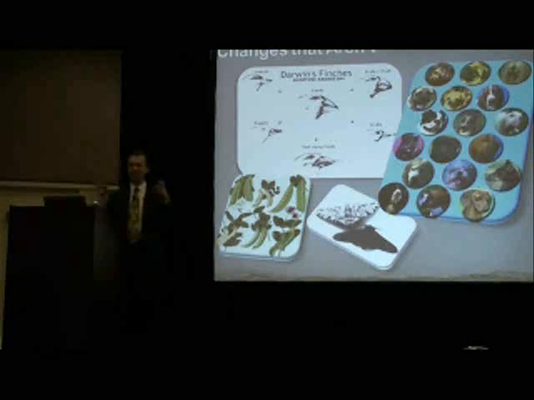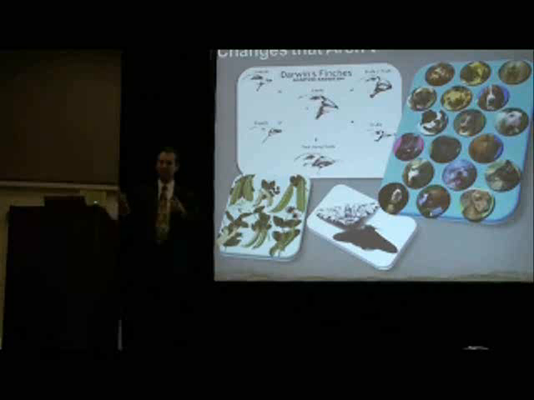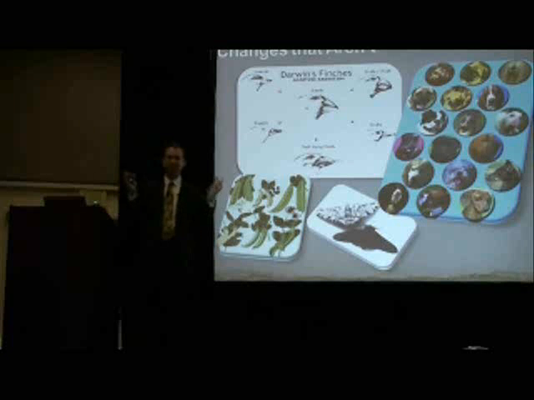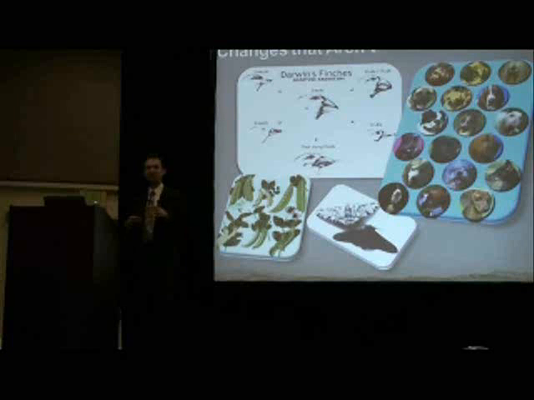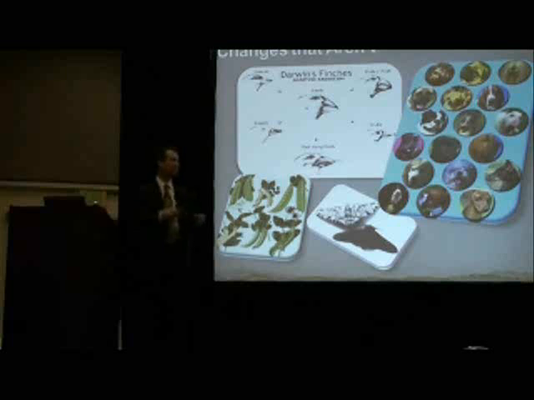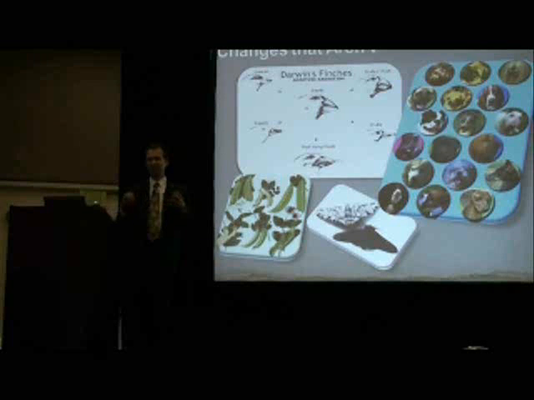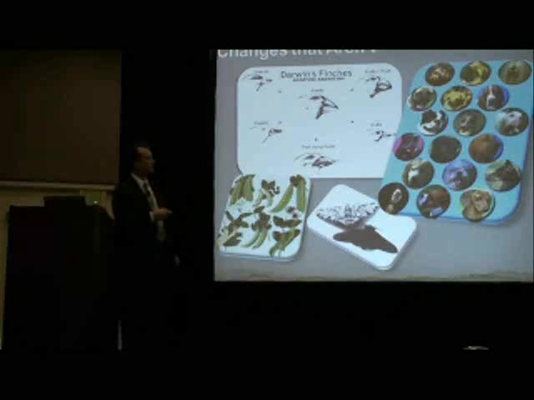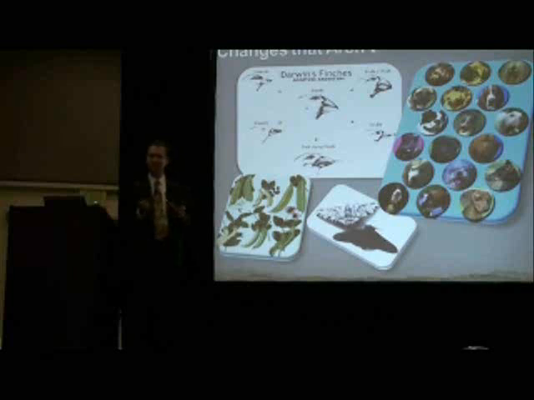Depending on the change in the environment, and if the environment switches back, these beaks can switch back and forth very rapidly, sometimes within a couple generations. All these changes can happen, which Darwin thought would take long periods of time and random mutations. But these changes are not based on random mutations at all. They're based on Mendelian variation, which is distinctly different.